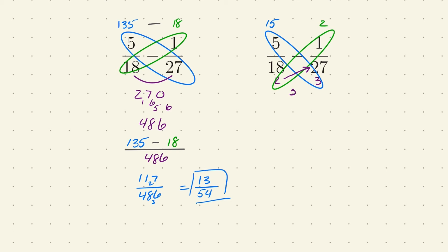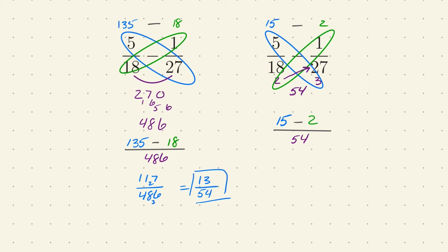So I know that my denominator is 54, and I am subtracting, right? Because we are subtracting here. So when we write this out, I get 15 minus 2 divided by 54.